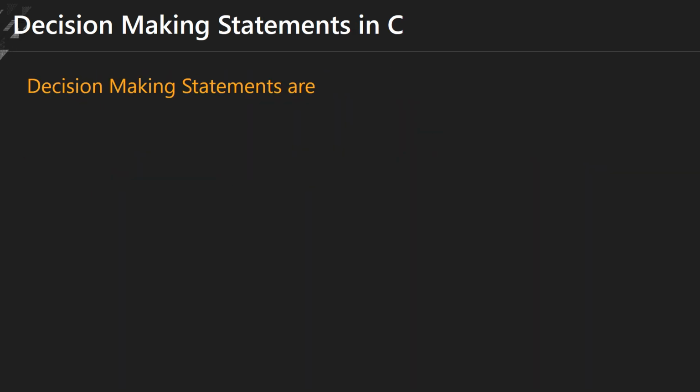In decision making statements, there is not only one if statement to control the entire program. We have multiple statements we can use, depending on the logic or application. What are the different statements? The first is one-way decision: suppose you want to test only one condition, and if it is true, you execute the statement.